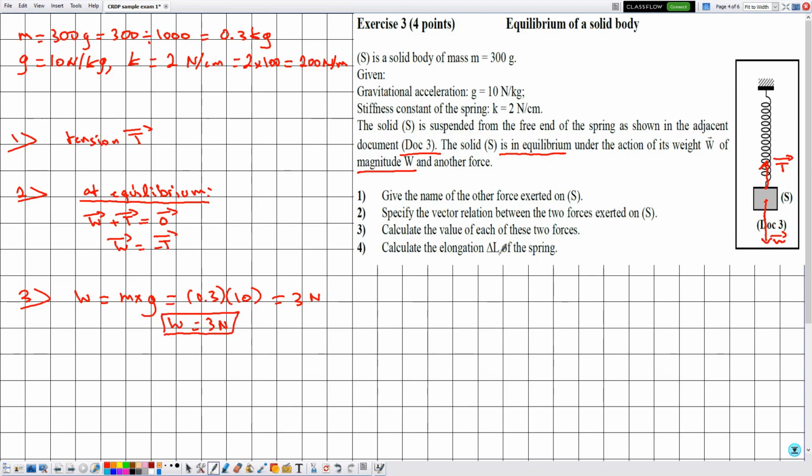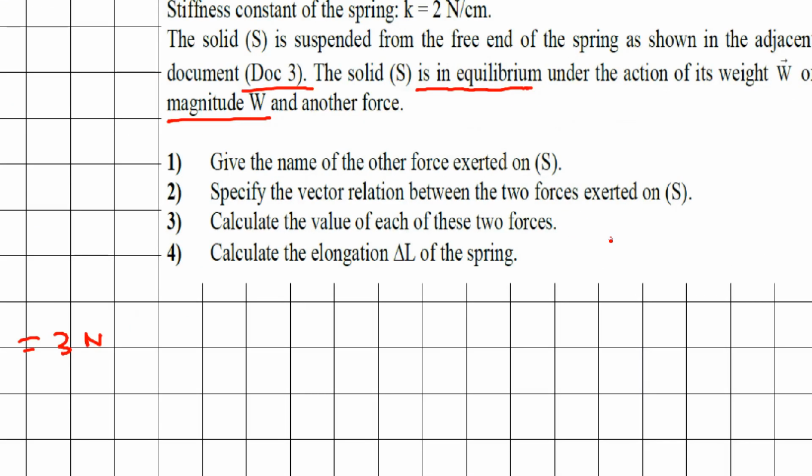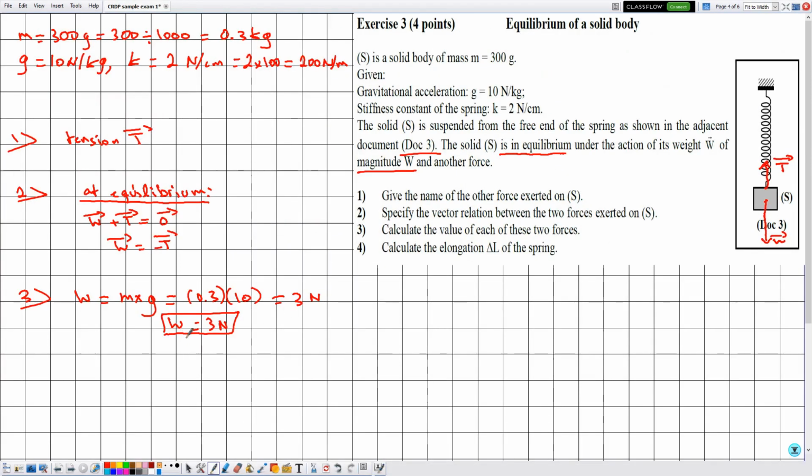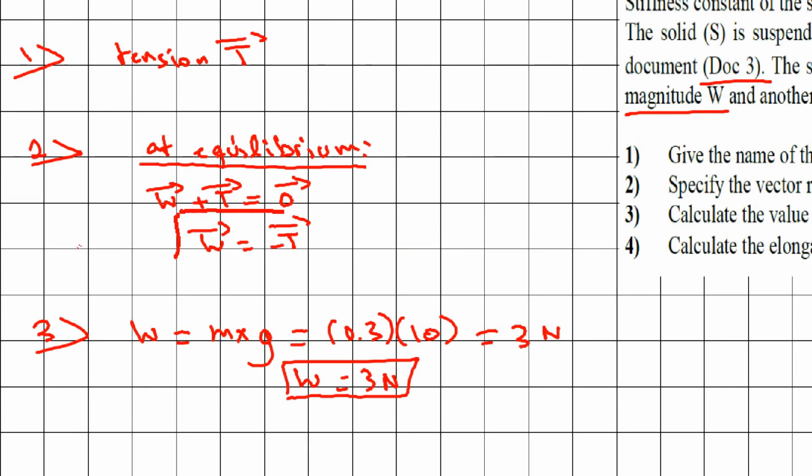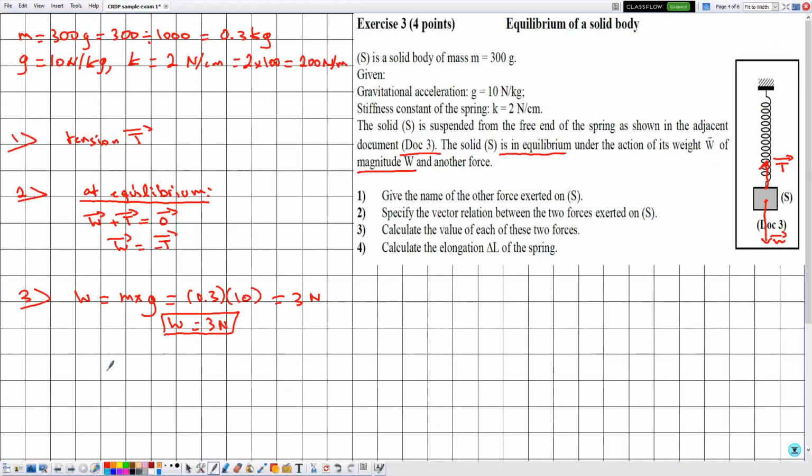Notice that they are telling me to calculate the value of each of these two forces, of which we have determined one. It's left to determine the other, which is the tension. For example, we can apply Hooke's law to determine the value of the tension, but in this case we don't know the elongation. However, since in part 2 we have determined the condition of equilibrium, let's say W vector is equal to minus T vector. Since we are interested in the magnitude, let's write it in magnitude.